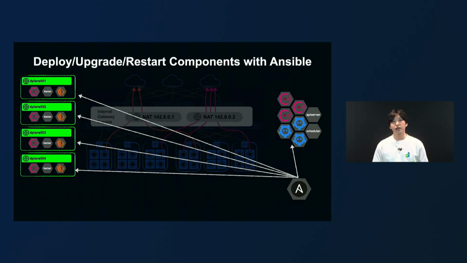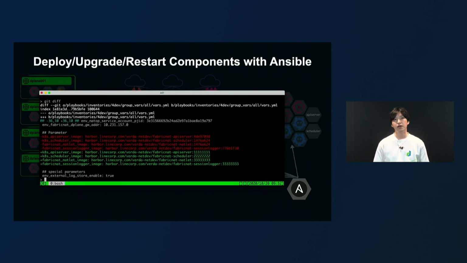As I said earlier, our original components can get restarted and upgraded very easily. So deployment itself is very easy too. We can simply perform deployment as well as maintenance via Ansible. Upgrade and downgrade can be performed by just changing the image ID of a component, in this example, an image ID of Docker, and then running a playbook again.